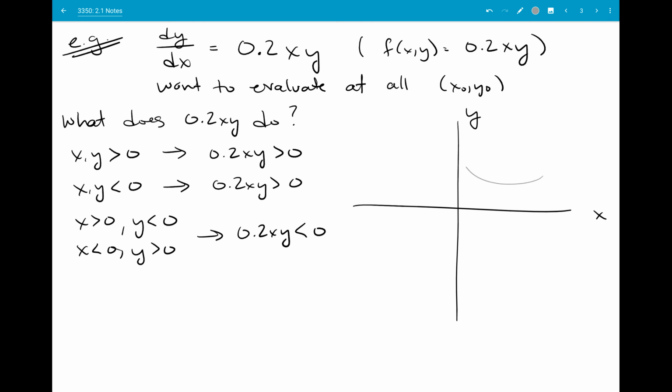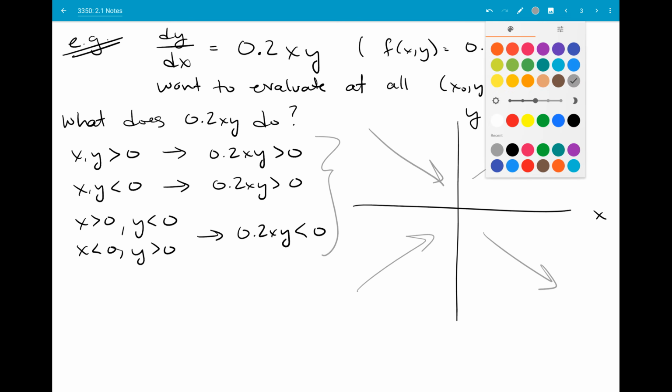So that's telling me that if I'm in this quadrant where x and y are both positive, then 0.2xy is positive, and something that has slope 0.2xy will point up. Similarly, if x and y are both negative, then x times y is positive, and so the slopes I get from computing 0.2xy will point up. And then in the other quadrants, they'll point downwards. So that's something I learned just from that information right there.